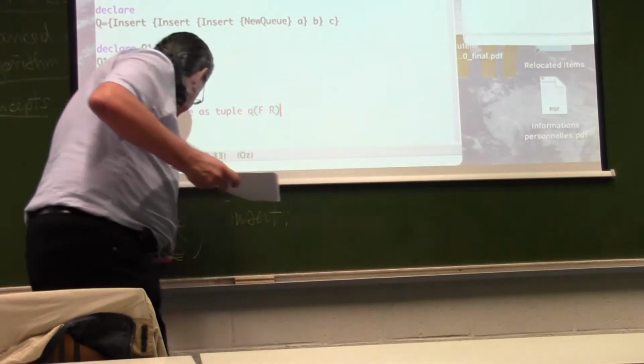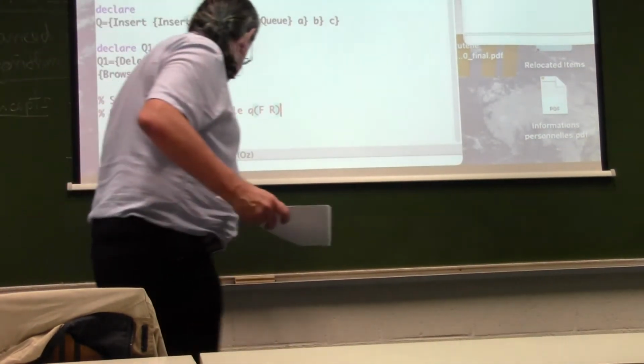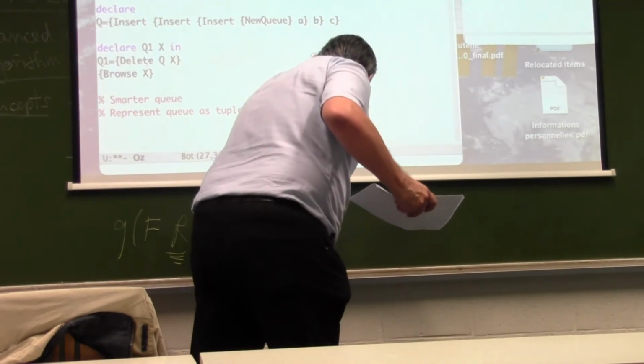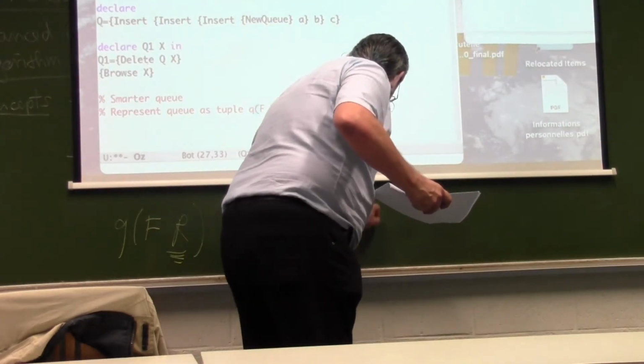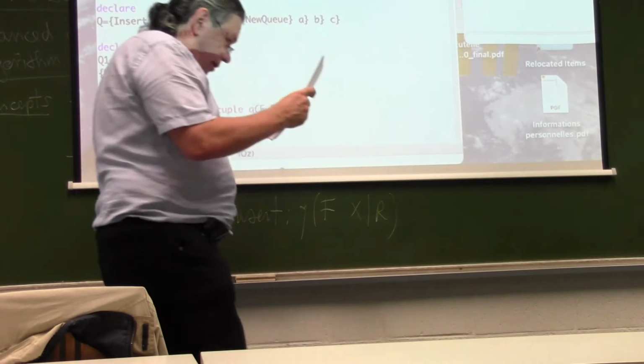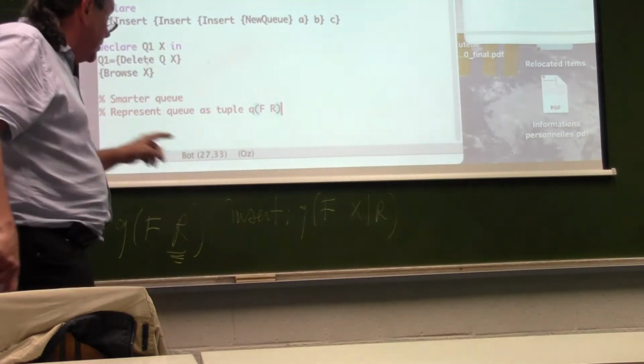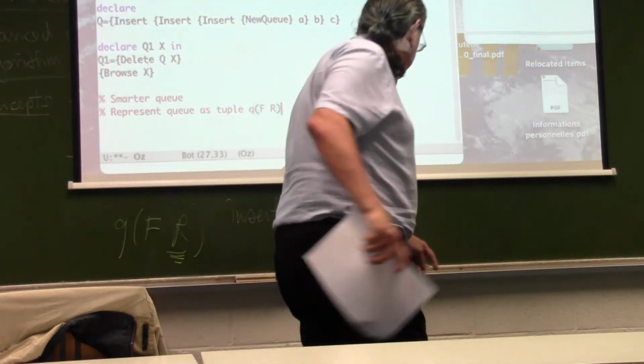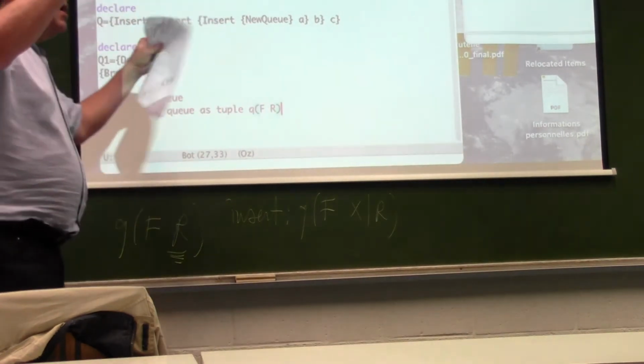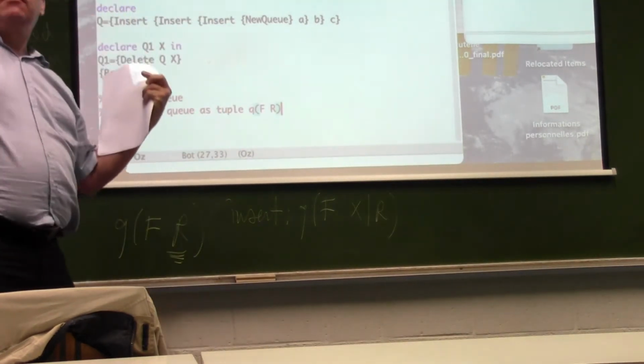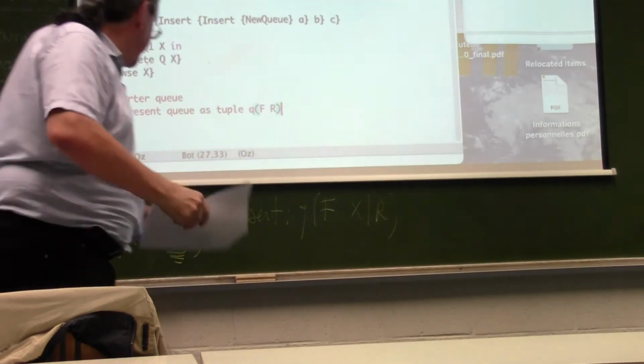So I insert by adding to R, so it becomes Q F, some element X, R. That's easy. So I add it in the back. So you know how a queue works, huh? I add elements in the back and I take them off on the front.